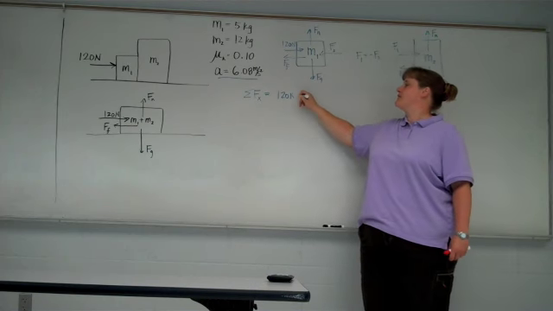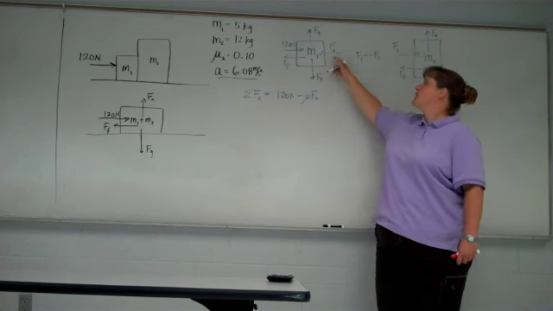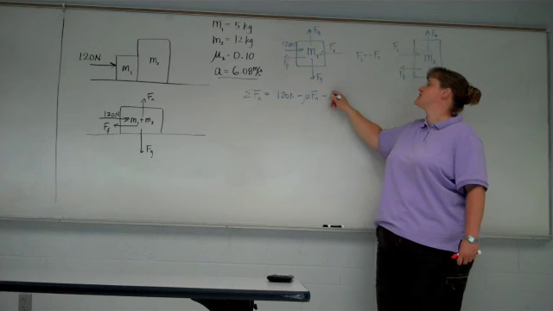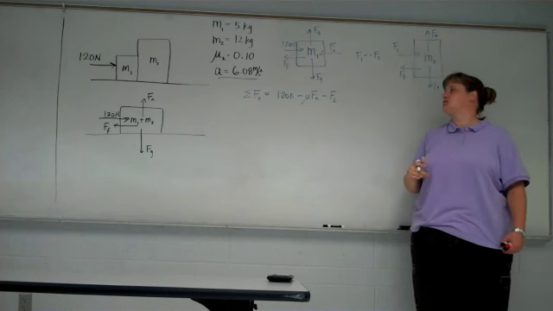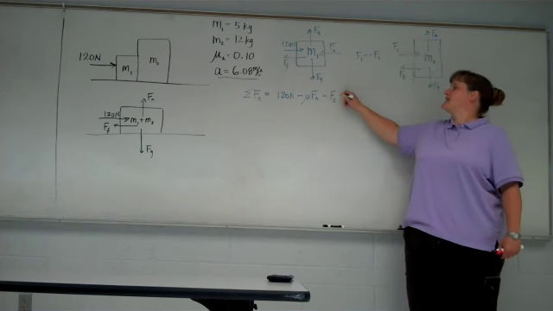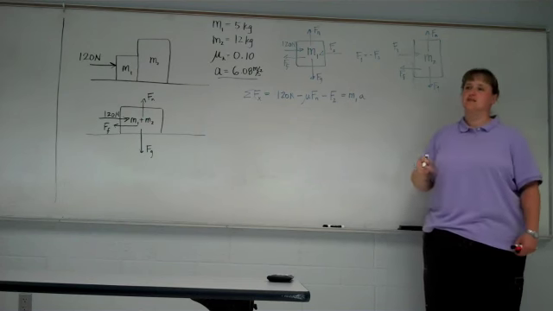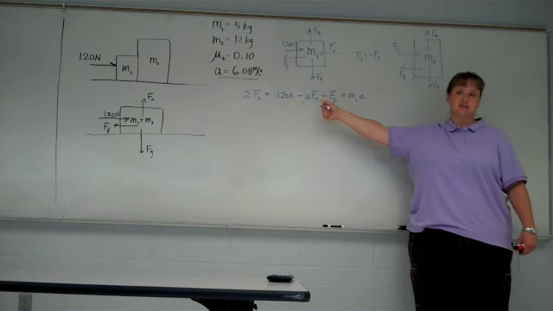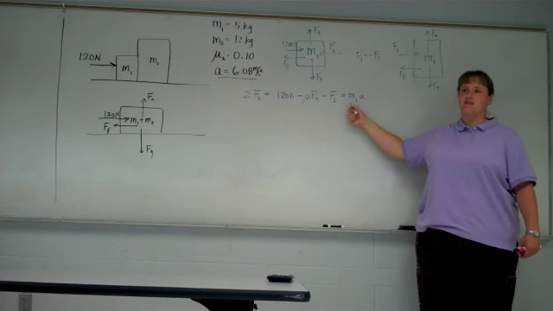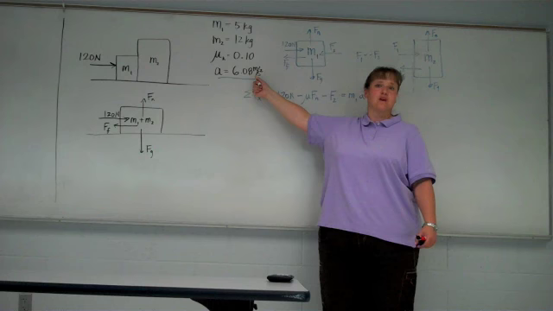To the left, we have friction, mu times the normal force. We also have box 2 pushing to the left. That has to equal the mass of this box times its acceleration in the x direction, which we already figured out.